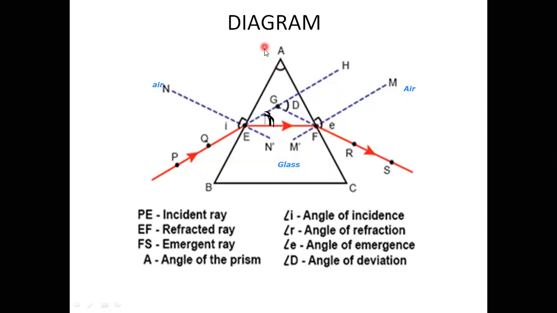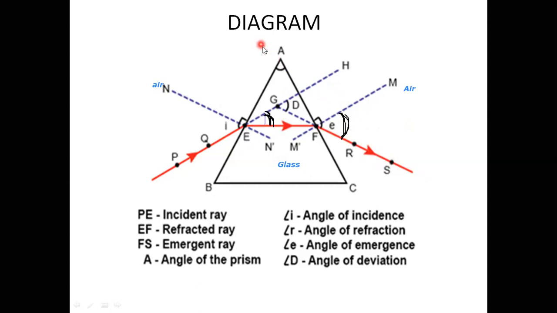For example, if you see this angle, this is another angle of deviation, because it should have moved in this straight line. But since the medium has changed, it has moved in the path FS.